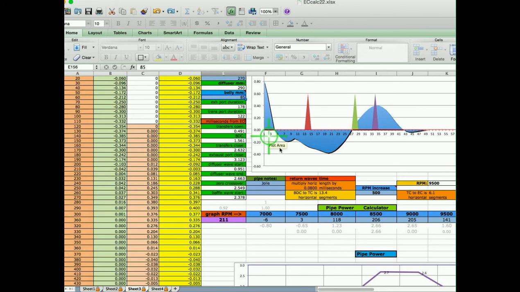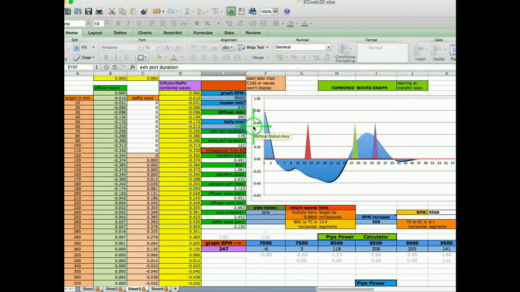So generally speaking, the shorter the belly, the steeper these two angles are right here, which is better for high RPM power, but because you're encroaching on that baffle wave, you're shortening the power band.